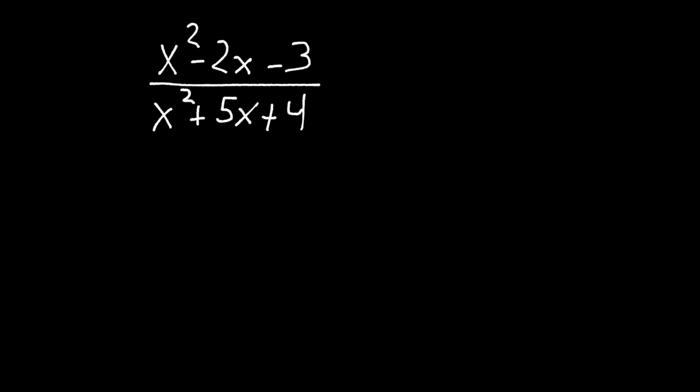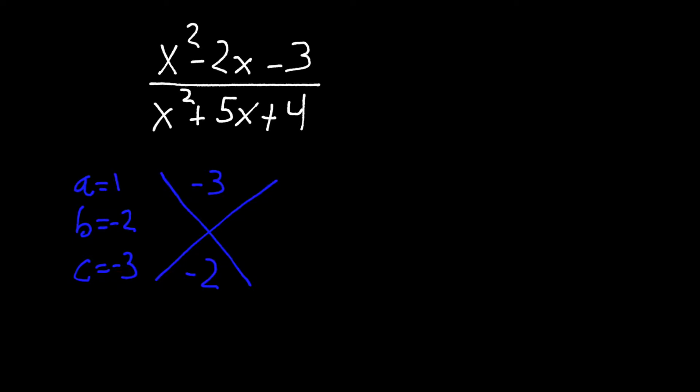So let's take a look at the very top. We're going to use our diamond method. So I've got A equals 1, B equals negative 2, and C equals negative 3. Up top is A times C, so I've got negative 3. Down below, I have B, so it's negative 2.